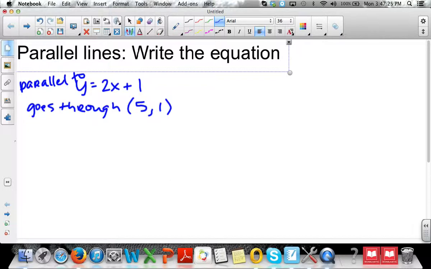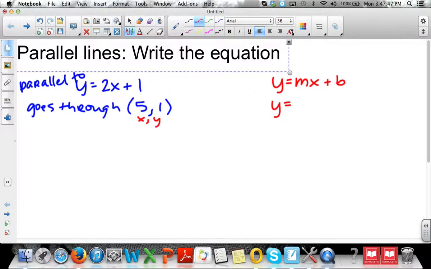So to do this, I'm going to write y equals mx plus b, because I want my equation to be in that form. I'm going to go through and identify every variable that I've got. Looking over at my coordinate, my coordinate is x comma y.